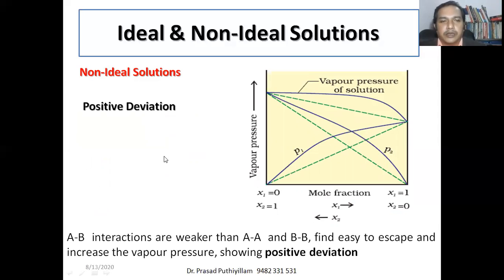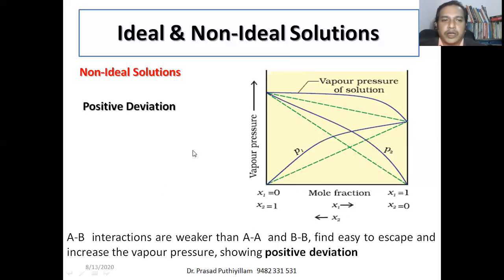That means the total partial pressure is higher than that calculated by Raoult's law. So here the green lines represent the vapor pressure for ideal solutions. Here we find a positive deviation. Such molecules have stronger AA interaction, while AB interactions are weaker.